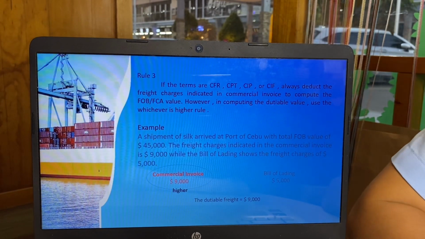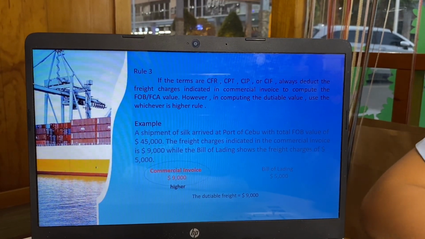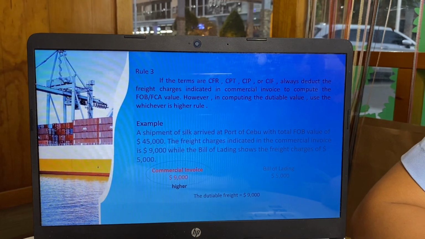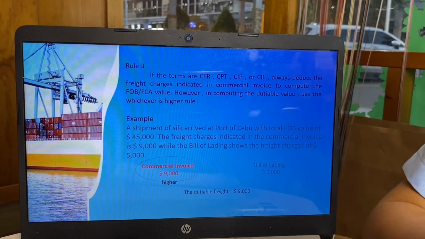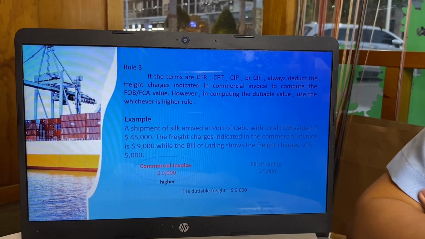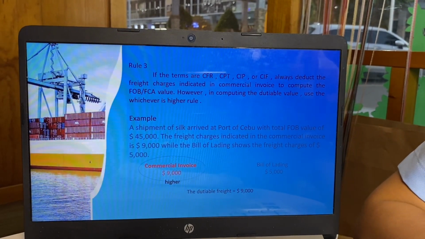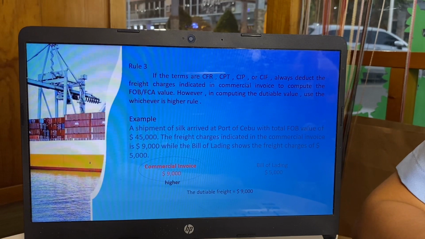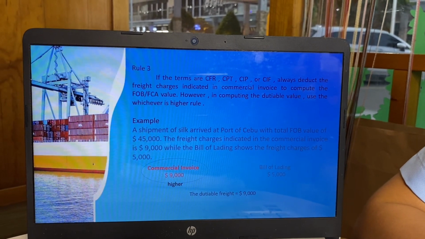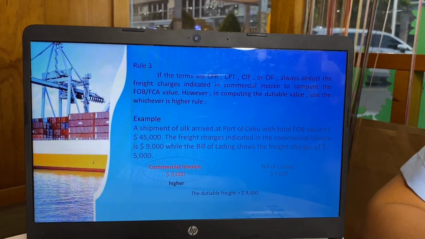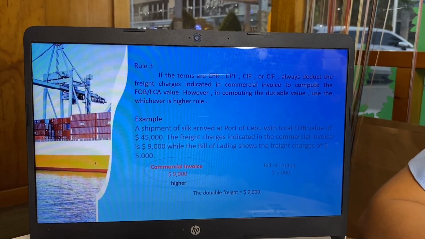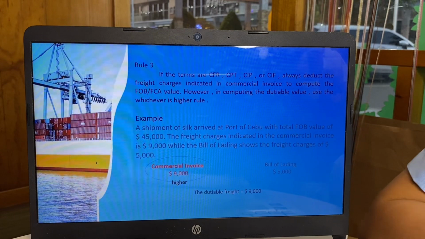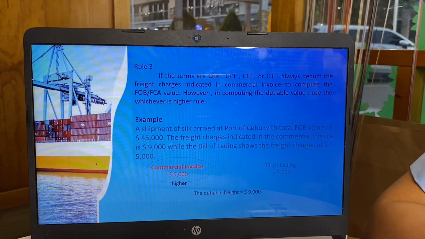Rule number 1 says that automatically, whichever freight charge is stated, we follow it. Well, in rule number 2, we need to compare the freight charge under the bill of lading versus the commercial invoice. So here in rule number 3, it is stated that what we use is the commercial invoice. So disregard rule number 1 and rule number 2.